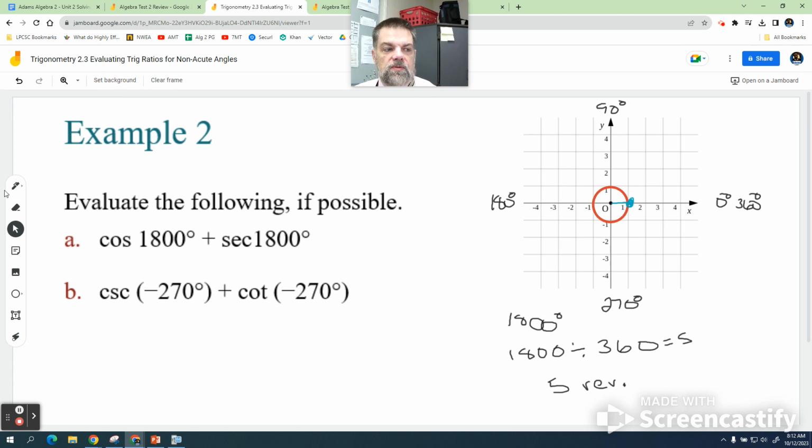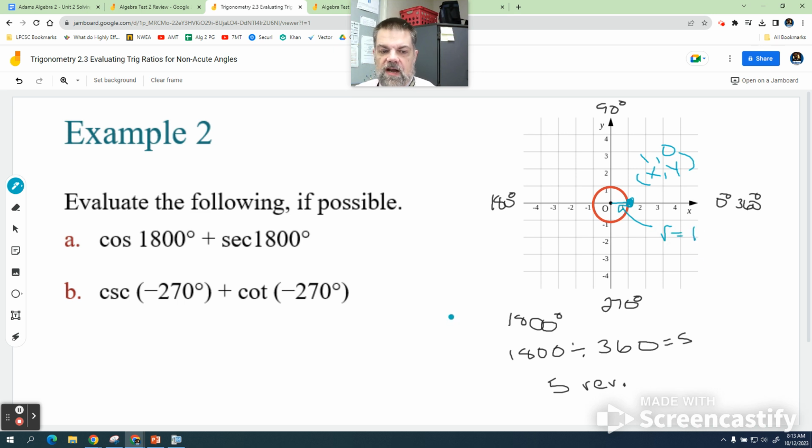Now, also, we know from our unit circle, and you guys could go back in your notes and look at the unit circle, that the x comma y is going to help us determine the trig values, right? So what's the x value right here? Positive 1. What's the y value? 0. What is the radius? Well, we said on the unit circle, the radius is always equal to 1.